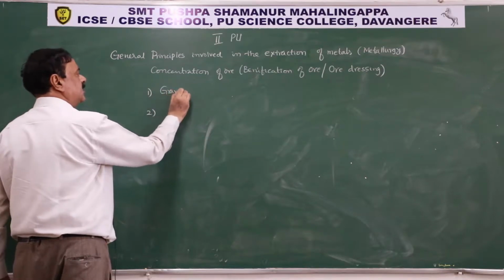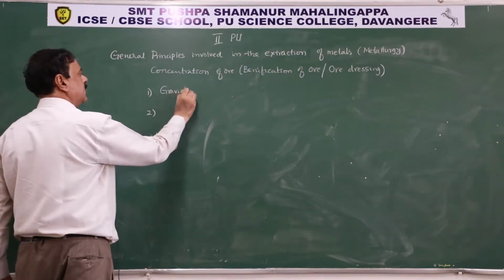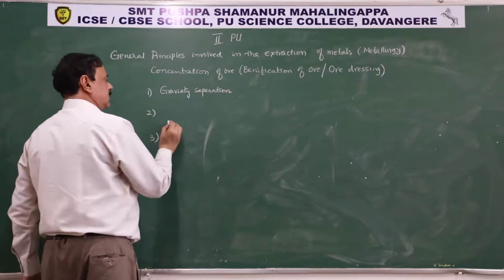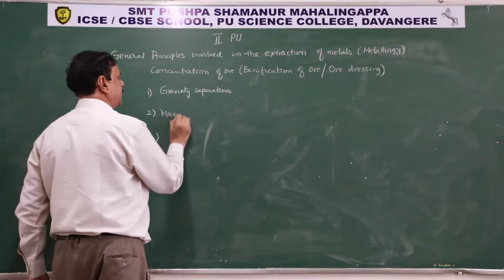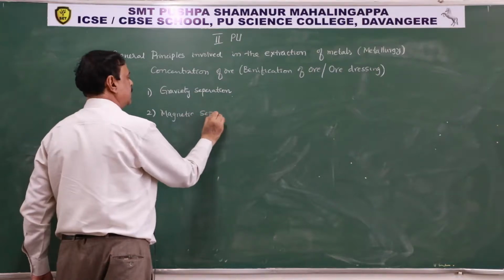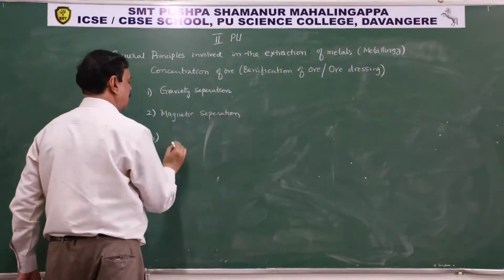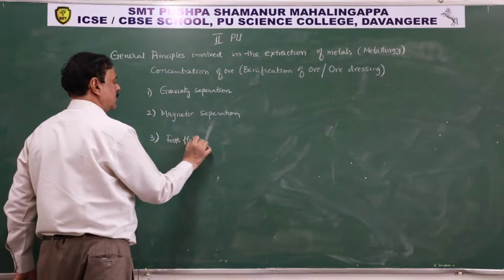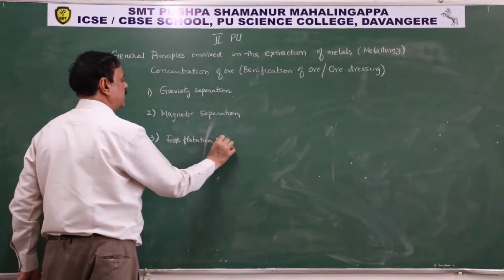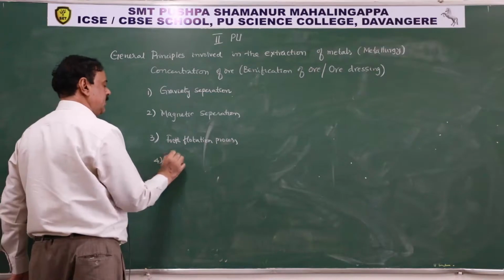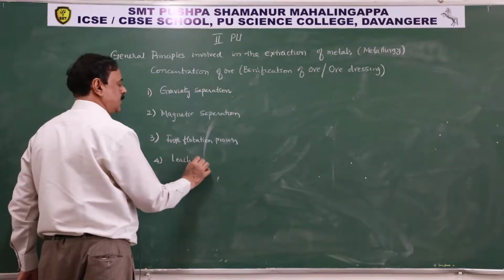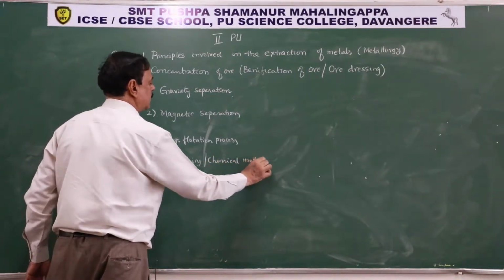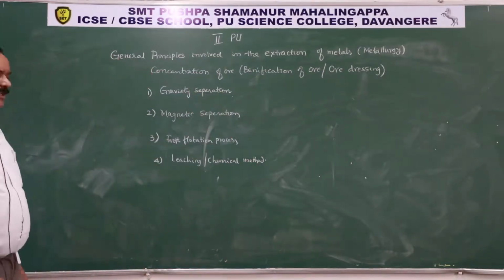The first one is the gravity separation technique, then magnetic separation, then the froth flotation process, and leaching or chemical method. These are the four different operations employed.